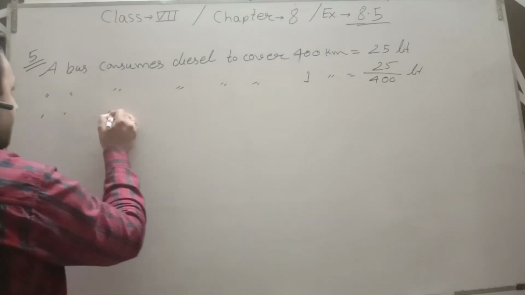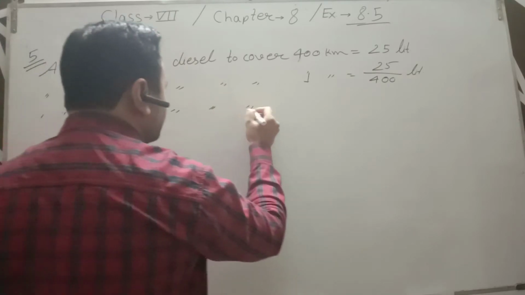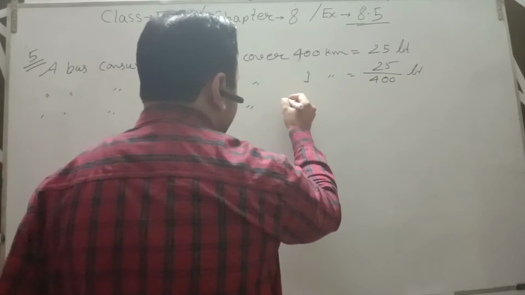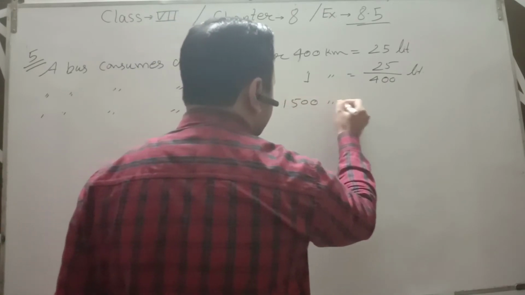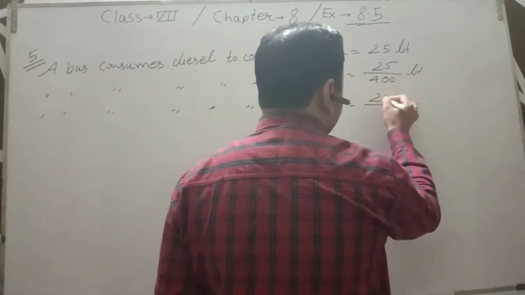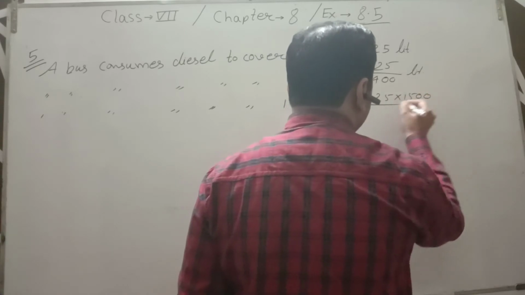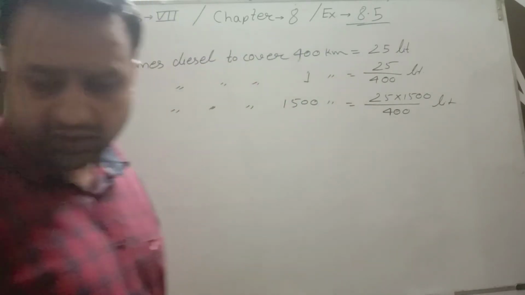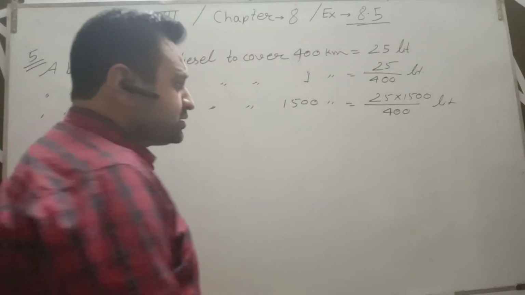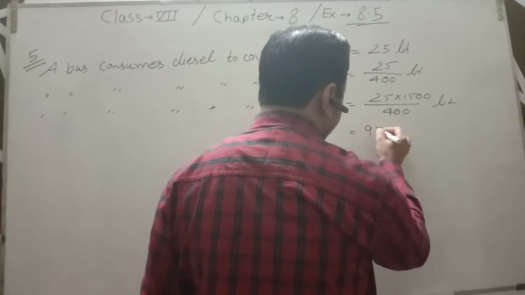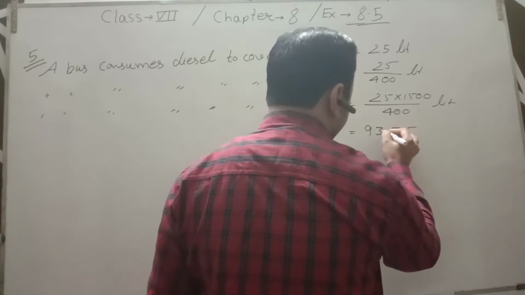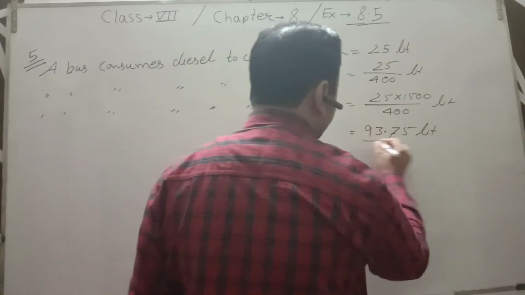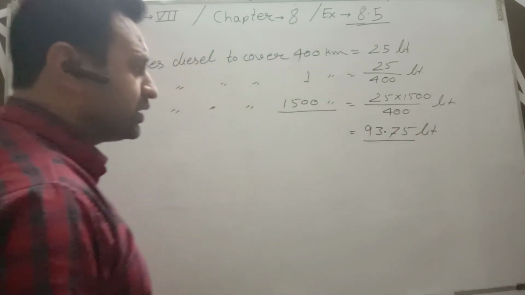And the bus consumes diesel to cover a distance of 1500 kilometers: 25 multiplied by 1500 and upon 400 liter, and the value we obtained is 93.75 liter. यानी कि इतनी डिस्टेंस कवर करने के लिए बस इतना लीटर डीजल कंज्यूम करती है.